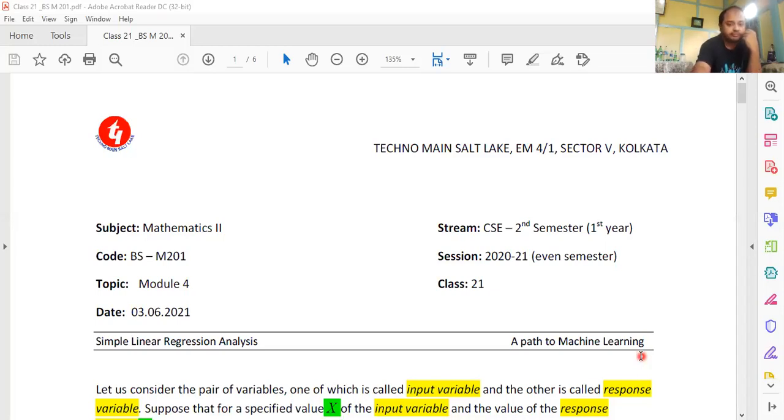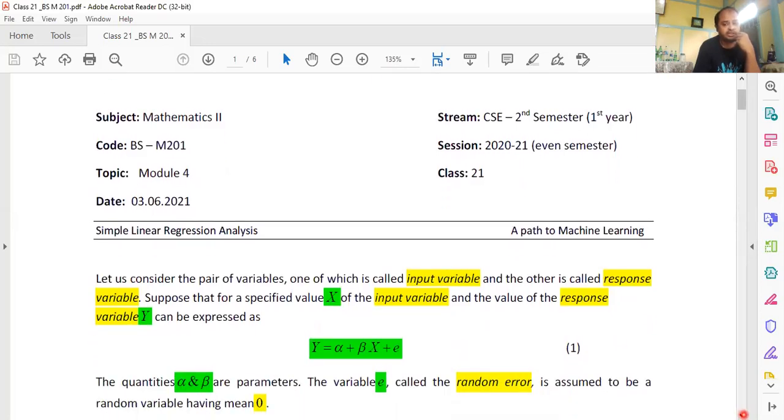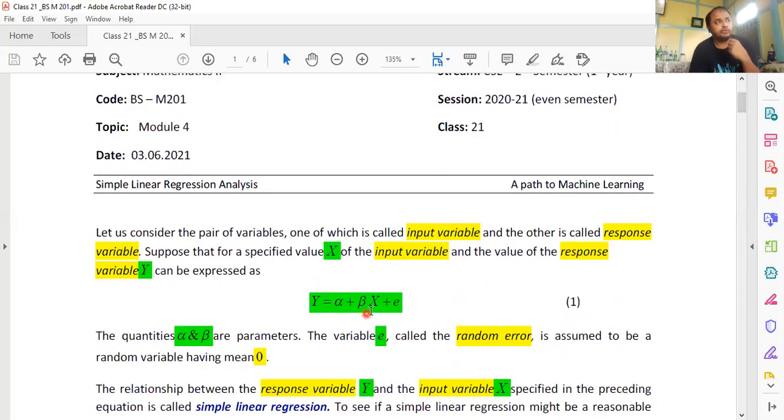Now, in correlation analysis, you already know that we have to deal with a bivariate distribution. One variable is denoted by capital X, and another variable is denoted by capital Y. Actually, we call capital X the independent variable and capital Y the dependent variable if it is simply a matter of a linear equation.